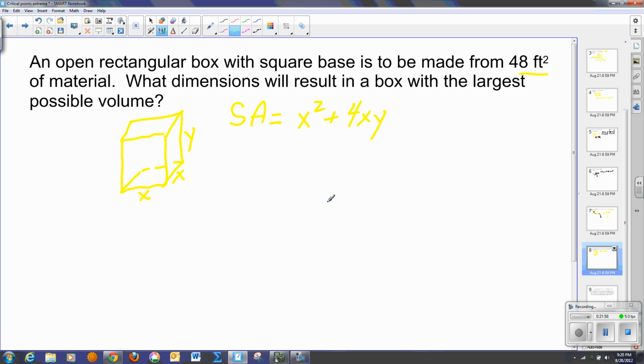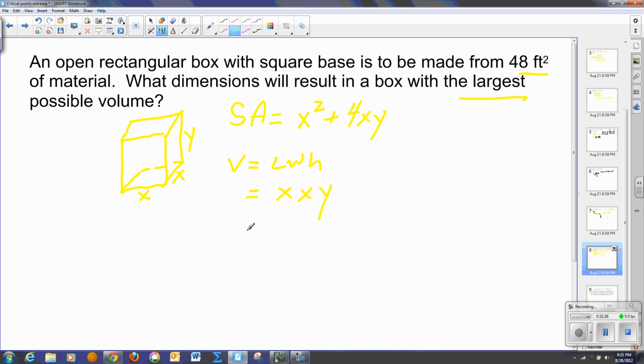The volume of the box is what we're trying to maximize because we're looking for the largest possible volume. Volume of this figure is length times width times height. And in this case, I'm going to call my length and width my base, x by my height, y.